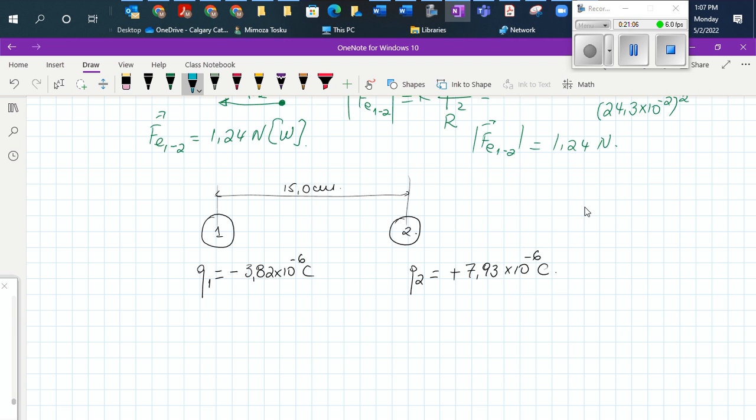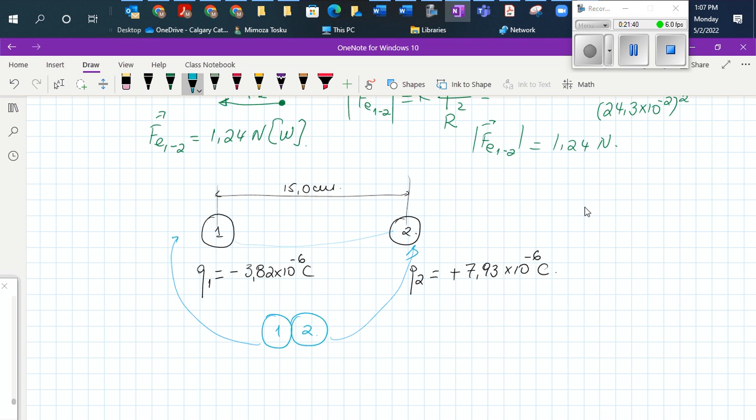So a conducting wire is connecting those two charges, or charges 1 and 2 are placed in contact with each other, and then after that they are in their original position, meaning that they are 15 centimeters apart from each other.